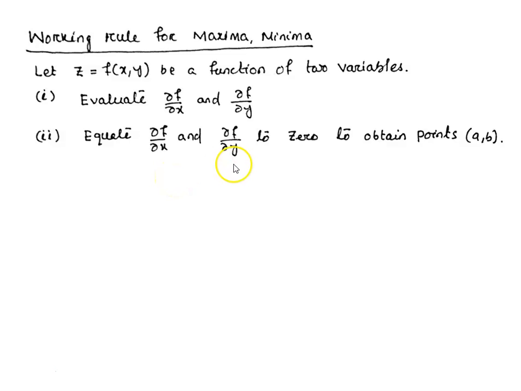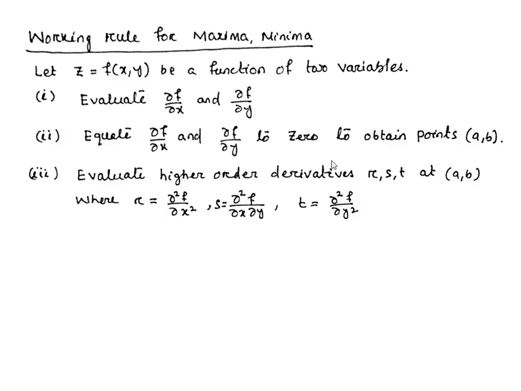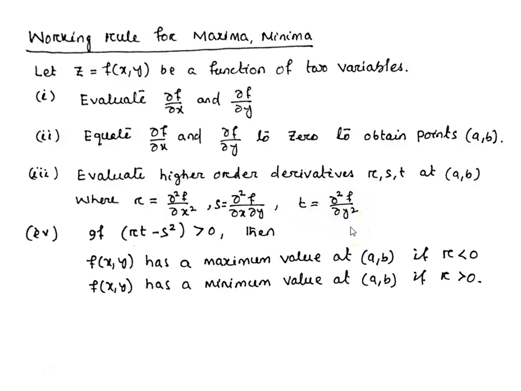This is the necessary condition we studied in this lecture: if (a, b) is an extremum point, then the partial derivatives of the function with respect to x and y at this point are 0. The next step is to evaluate the higher order derivatives r, s, t at (a, b), where r is del square f by del x square, s is del square f by del x del y, and t is del square f by del y square.